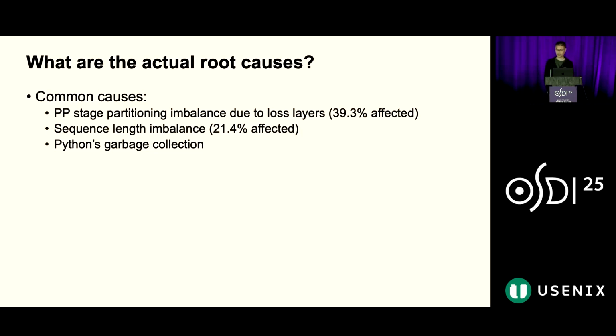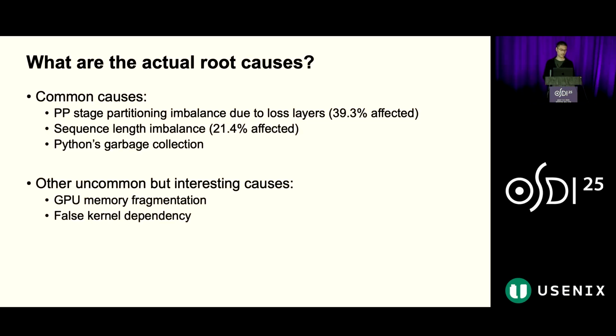The common root causes we found are PP stage partitioning imbalance due to the loss layer, which has affected 39.3% of the jobs, and also sequence length imbalance and Python's garbage collection. We also found some other uncommon but interesting causes, and please check our paper for details.